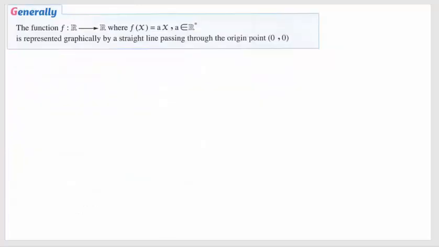Let's try and see. Before we start, I would like to check with you this very important point.